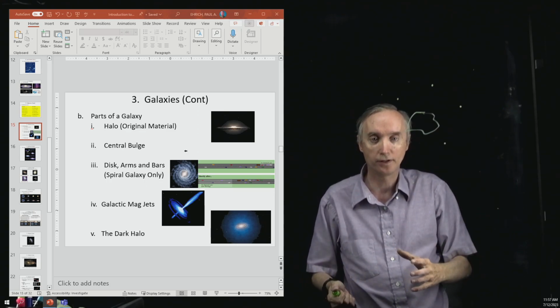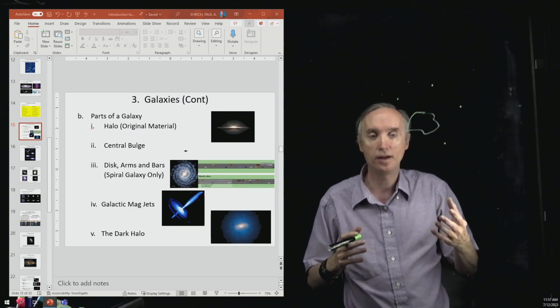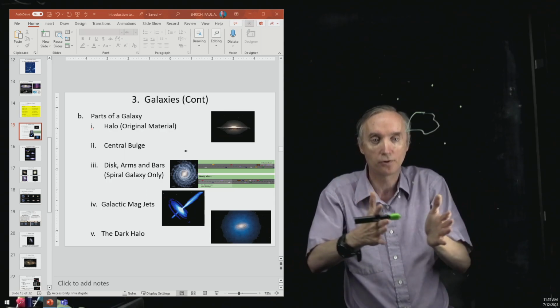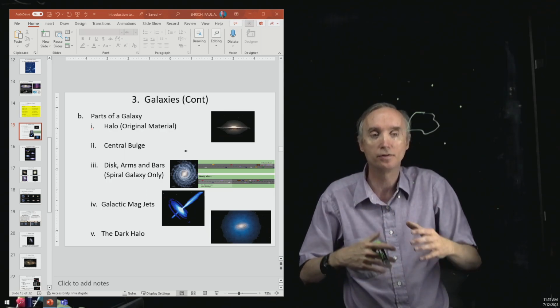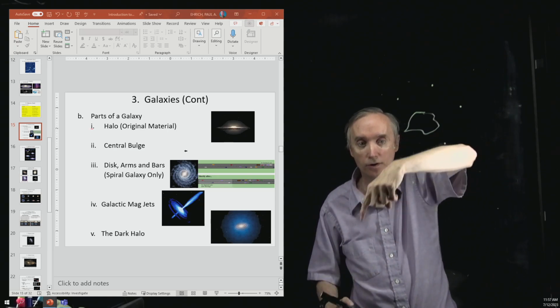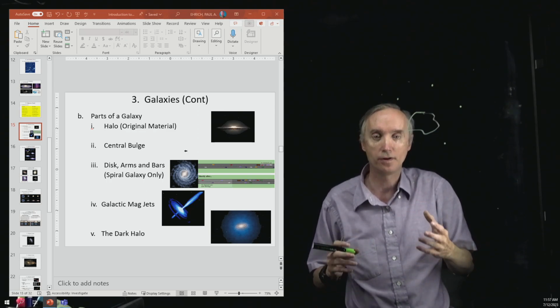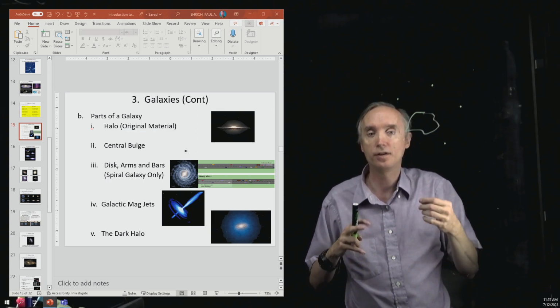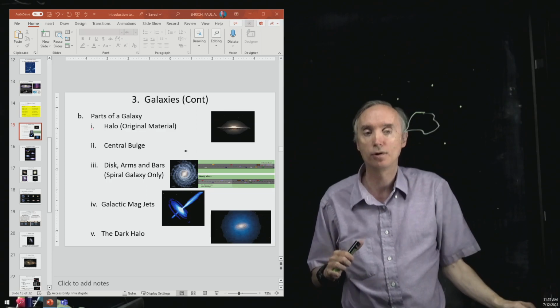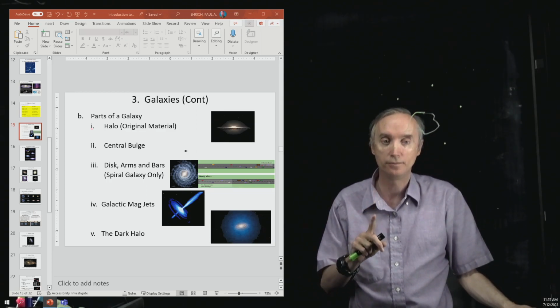Similarly, as a galaxy forms, certain areas of the galaxy are going to be compressed, and because of angular momentum, those compressions are going to rotate around with the galaxy. Those are going to be the arms. So the arms are going to be rotating at just one speed.